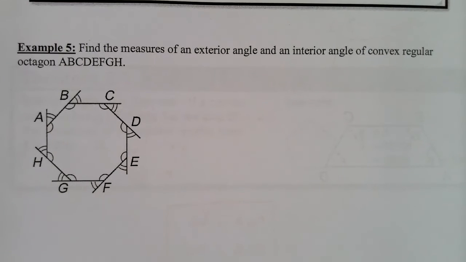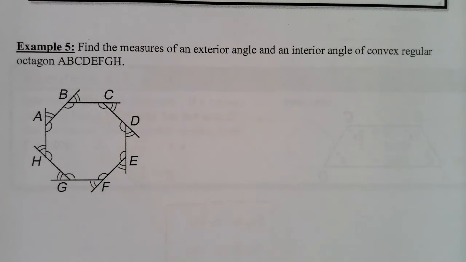Example 5. Find the measures of an exterior angle and an interior angle of convex regular octagon ABCDEFGH. Okay, so since it's a regular octagon, every exterior angle will be the same and every interior angle will be the same. So let's start by finding the exterior angles.